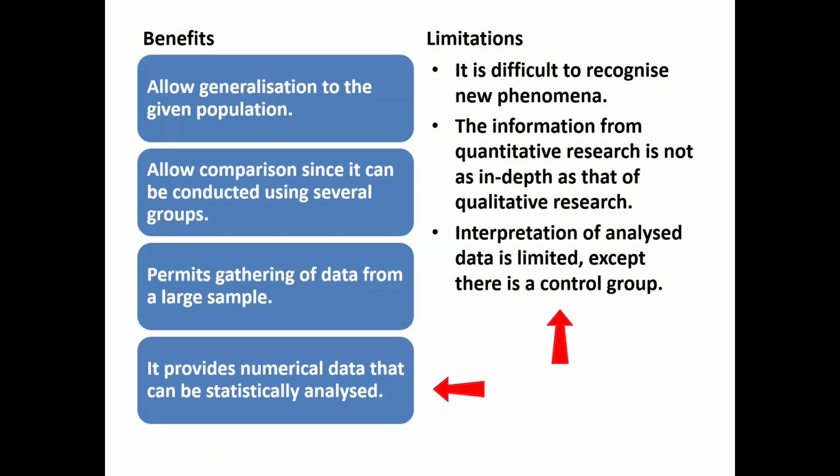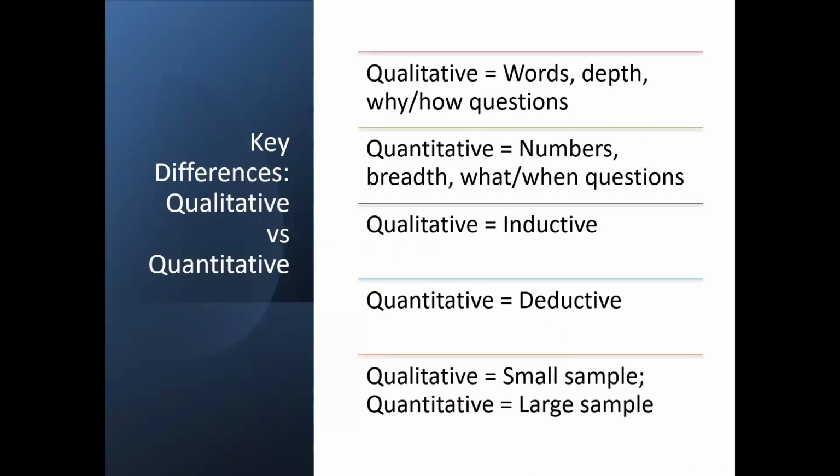The information from quantitative research is not as in-depth as that of qualitative research. Interpretation of analyzed data is limited, except there is a control group. The difference between qualitative and quantitative: qualitative uses words, is in-depth, and answers the questions why and how.